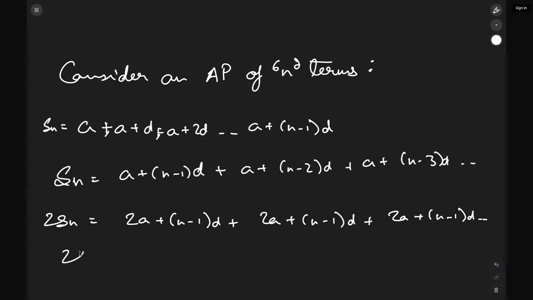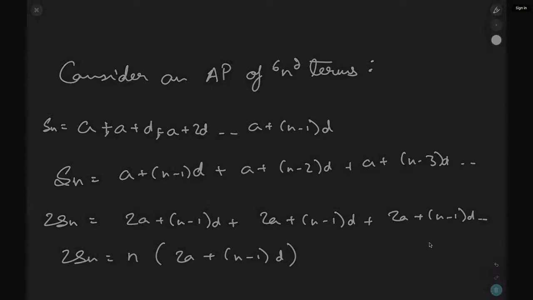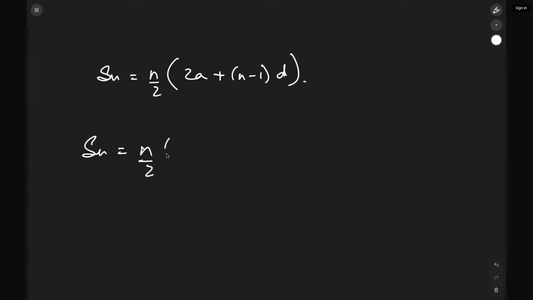Now I can write that 2Sn is equal to n times (2A plus (n minus 1)D). So I can write my Sn as n by 2 times (2A plus (n minus 1)D).